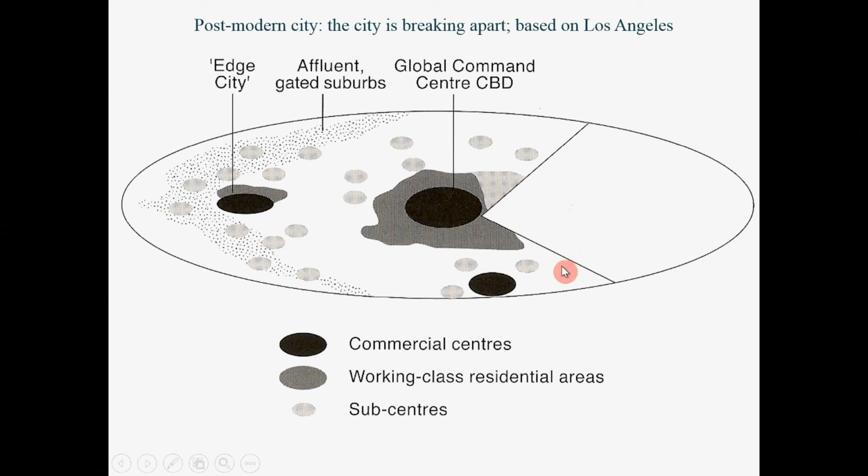Then as a city, Los Angeles is a place that has become very fragmented in terms of economic class, in terms of racial group and ethnicity, in terms of sexual orientation, in terms of people's background. Therefore, this is a city that has become extremely fragmented.